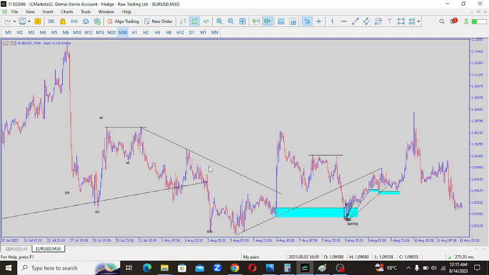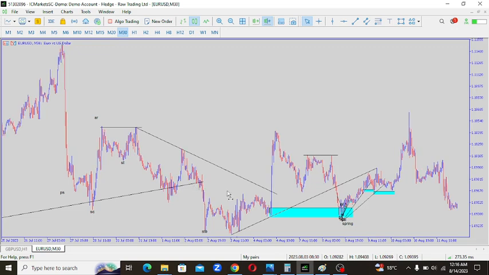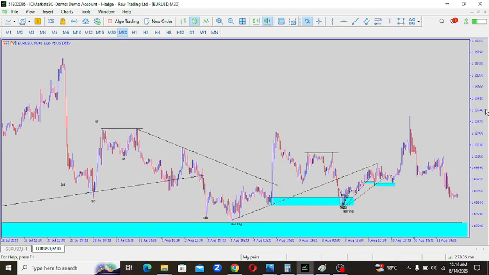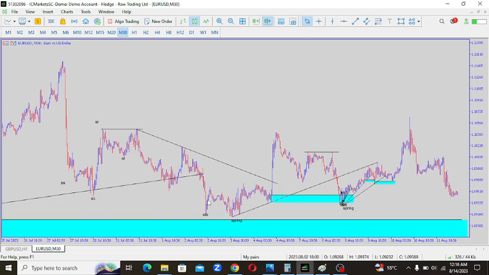A lot of people, there are multiple confirmation confluences. You see, it's a first break of structure, second break of structure, and there's a trend line, and they manipulated it downward. There is a lot of liquidity.